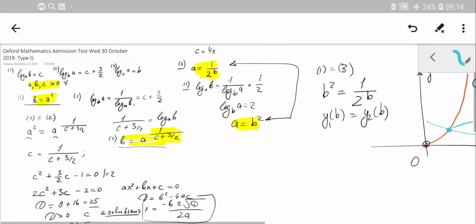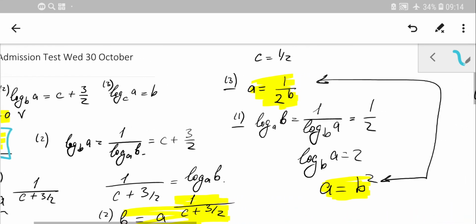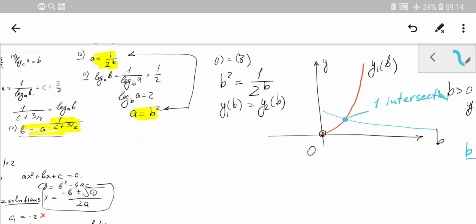So, with a unique solution and having any equation which connects A, B, and C, for example the first one, B is A to the power C, A is basically the C-th root of B. We can figure out the value for A, and A is also unique.